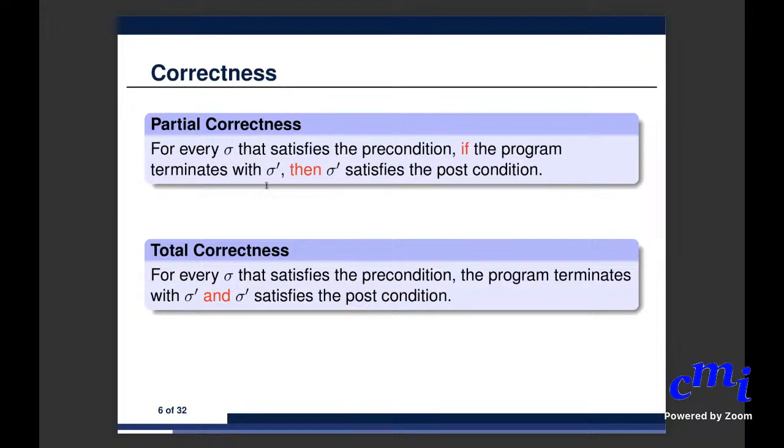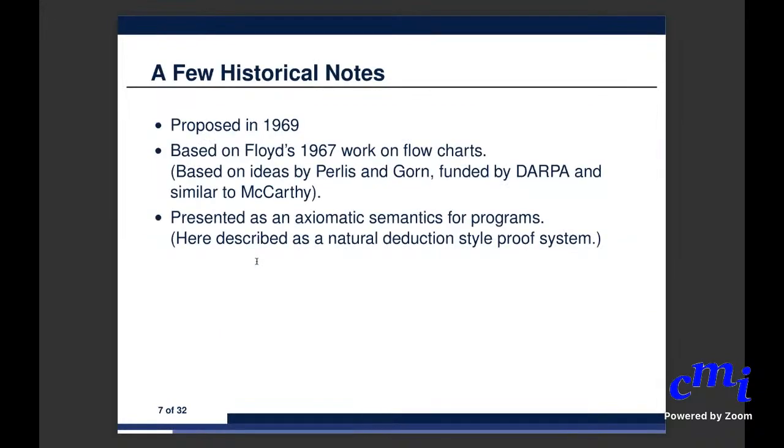For now, I will introduce Hoare logic and its components as it is sufficient to prove partial correctness. Okay, maybe sometime later on, we may address total correctness. Okay, these are some historical notes as to when this logic was proposed and so on.